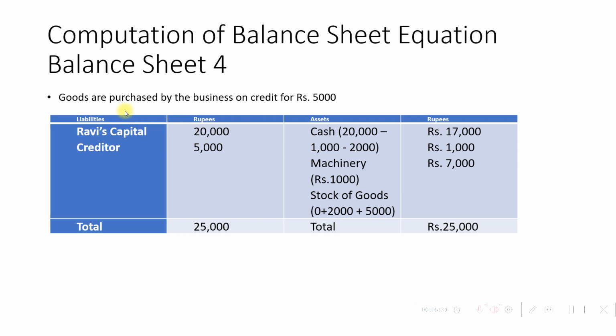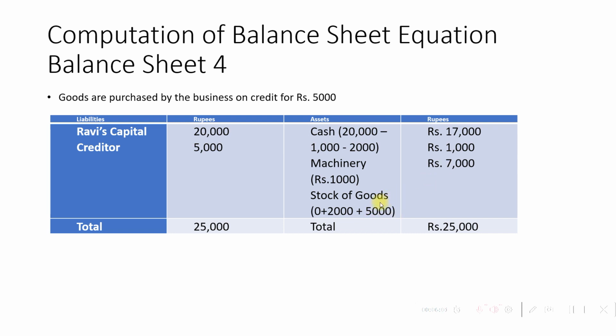The next transaction is goods are purchased by the business on credit for rupees 5,000. Here the firm has gone to a supplier and gotten goods from the supplier for rupees 5,000. The stock of goods now goes up by 5,000, which becomes rupees 7,000.